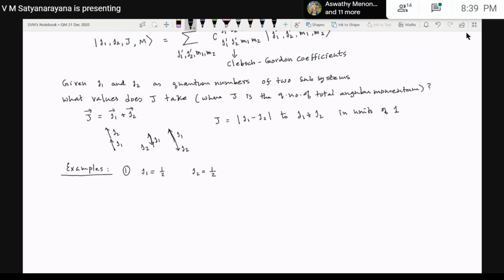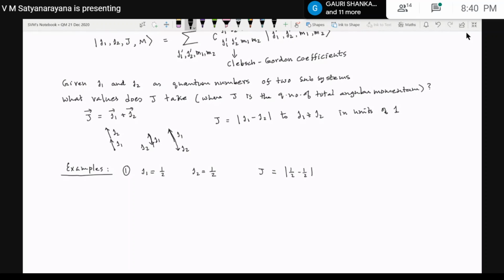Suppose we have two spins, both are half. Then what happens? Your J can take values from modulus of half minus half.